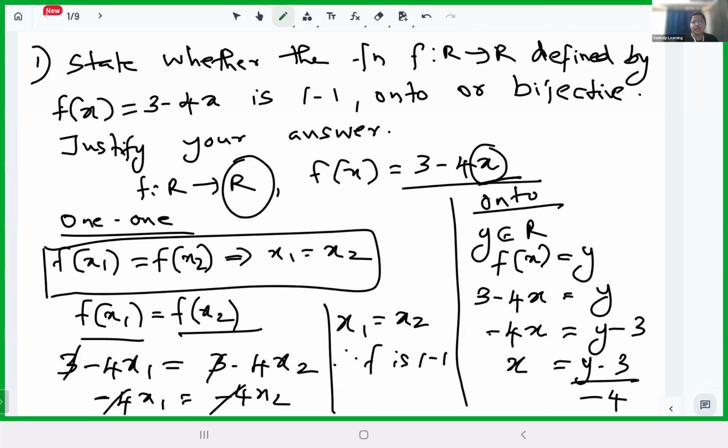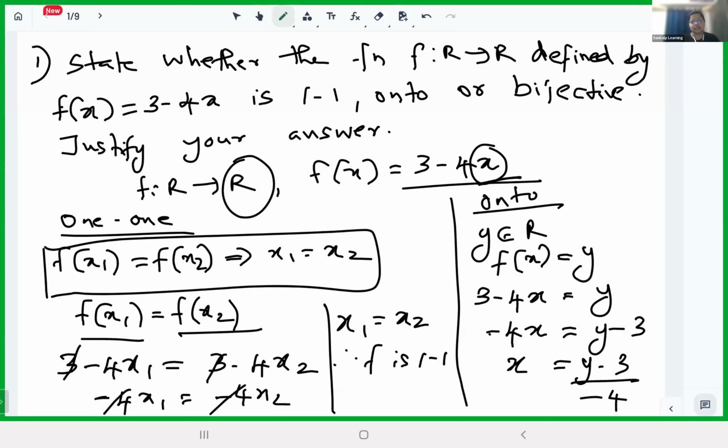So I randomly select y from R, and I should get an x such that f of x equal to y. I started from f of x equal to y and found x equal to y minus 3 by minus 4. Now I have to check whether this x belongs to the domain, that is R.